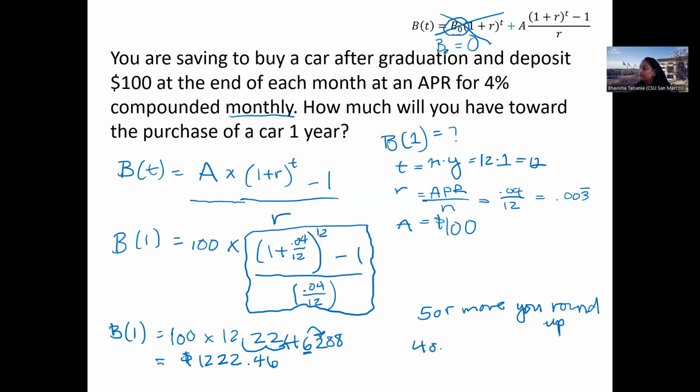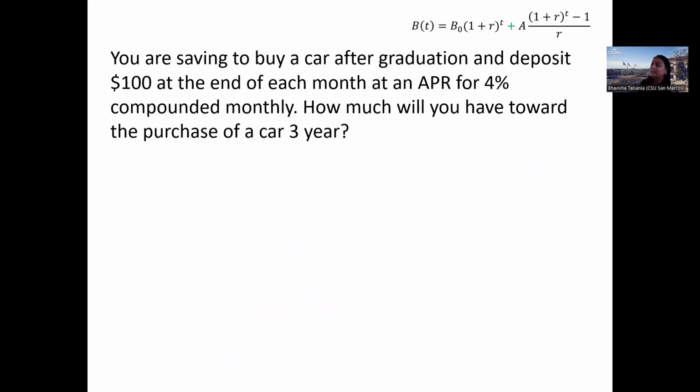And if it's 4 or less, you keep the number as is. So for us, it's $1,222.46. So let's do what would be the amount we save if we had 3 years.